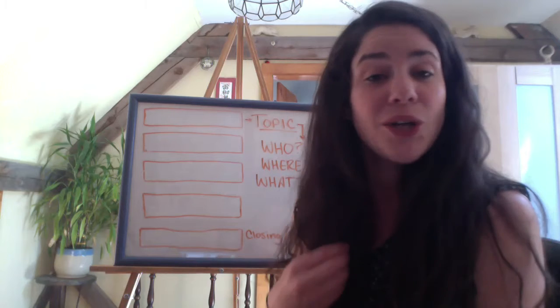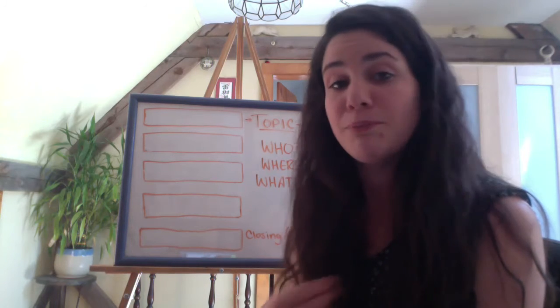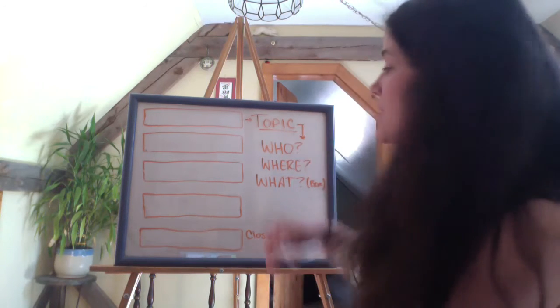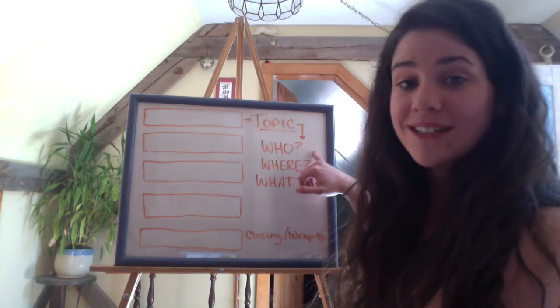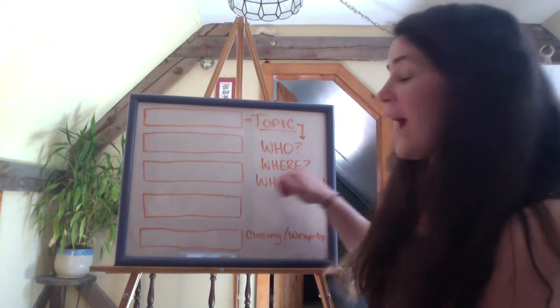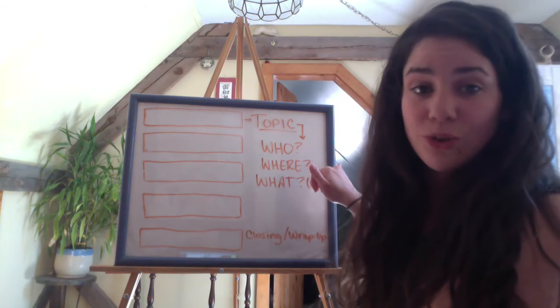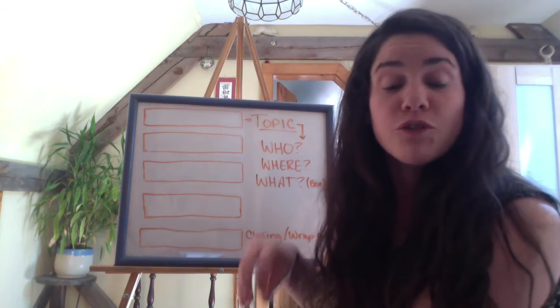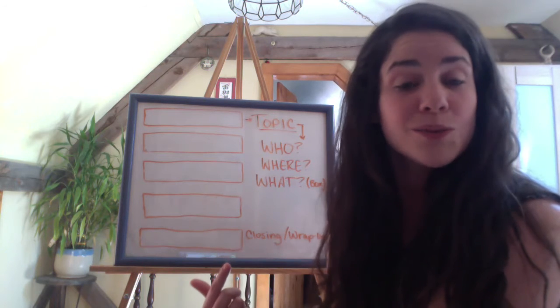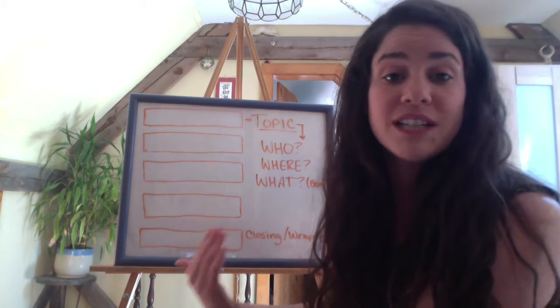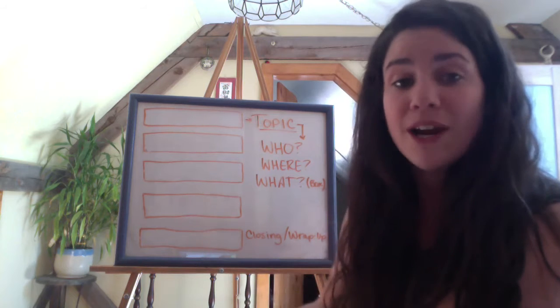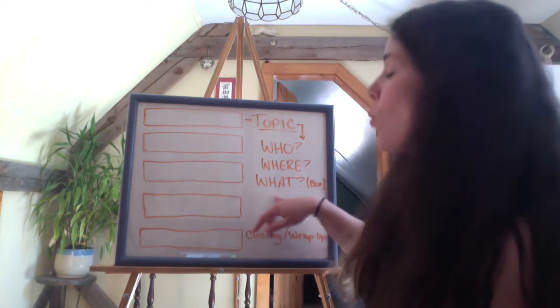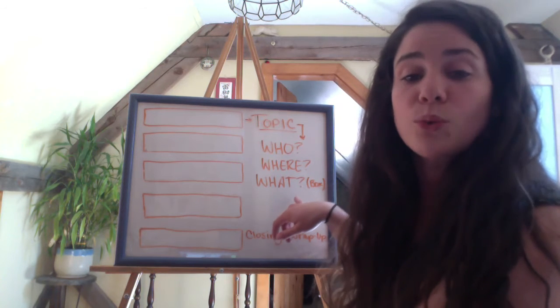So I need to know some things pretty much immediately in your story, which is who your sentence is about, where the story is taking place, and you can think about your location physically and about time as well. Maybe it's happening in a different time period. You need to tell me that right off the bat. And what is happening in your story right now?